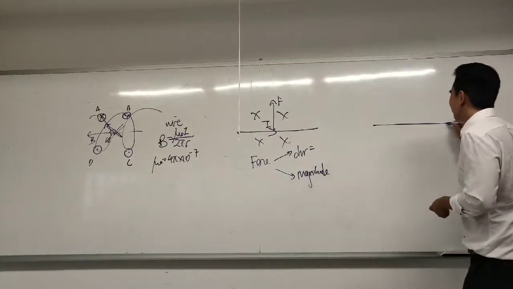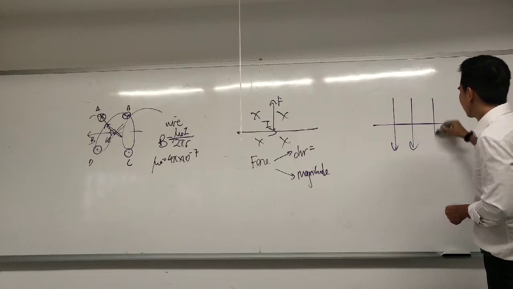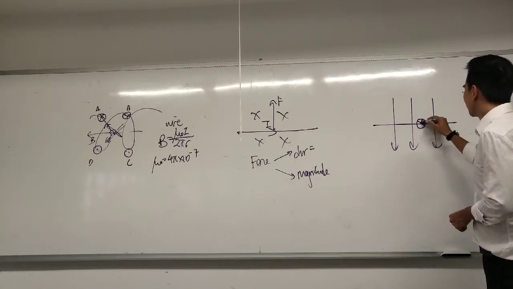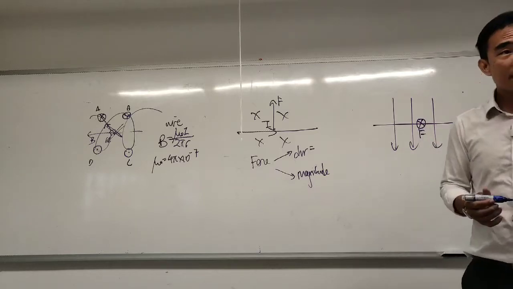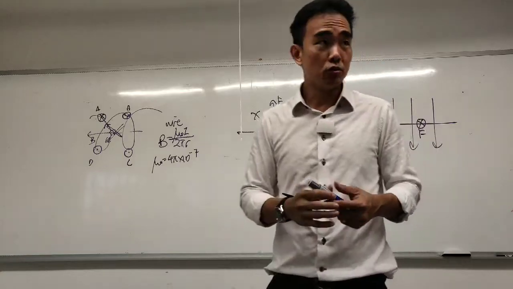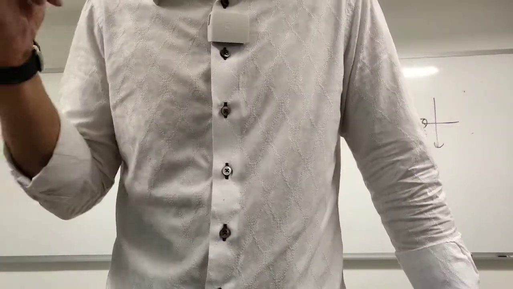Let me give you an example. I have a current flowing in the wire such that it produces a force into the page. Find the direction of the current. Do you use the right-hand rule or the left-hand rule?